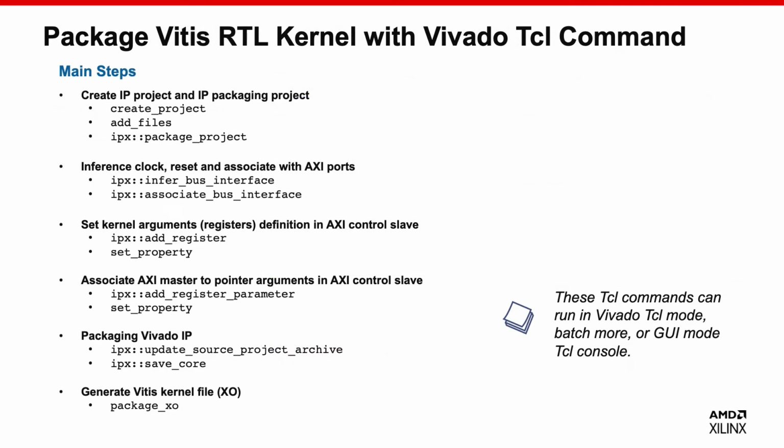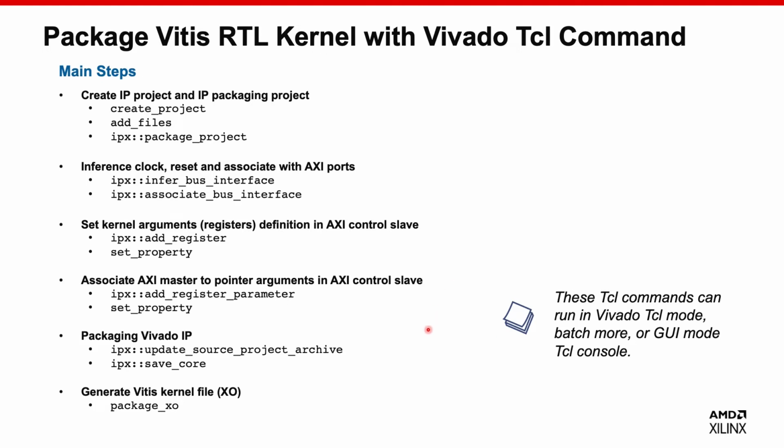You may find that the GUI-based IP packaging is simple, but less efficient, especially for those multiple RTL models cases. So for VCK5000 development flow, we also suggest you to use the command line interface and the Tcl scripts to pack RTL files into kernels. By this way, you can reuse the IP packaging scripts for different RTL design projects.